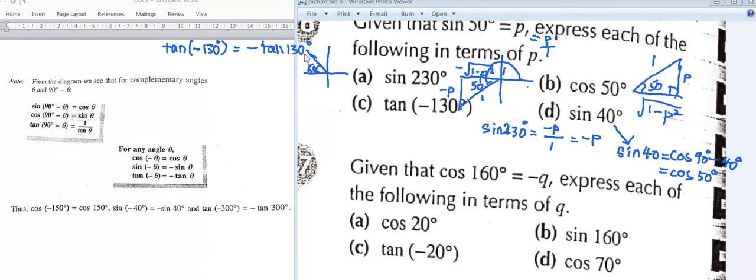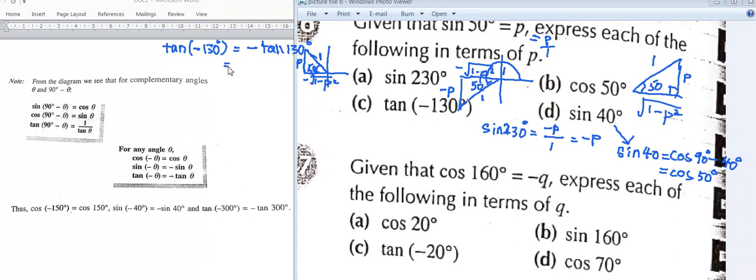In this case, here is negative, so there is minus square root of 1 minus P squared. This one is P, so the x value is actually negative.